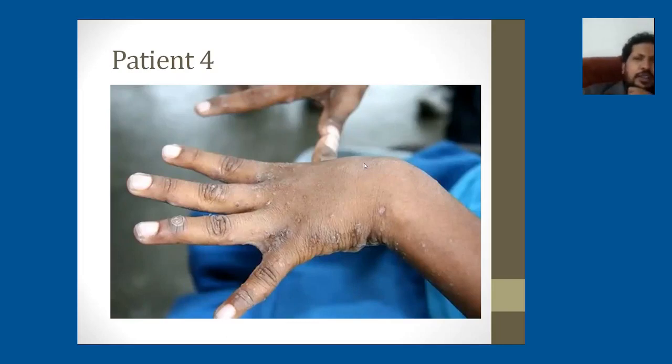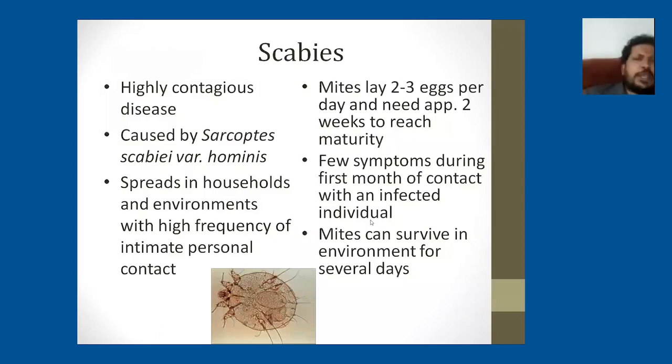Scabies, exactly. So it's a flexural involvement, finger webs are involved, there are itchy papules, and it's worse at night, living in an old overcrowded setting like the estate sector. All those are features of scabies. It's a highly contagious disease caused by a mite called Sarcoptes scabiei, with the human variant, var. hominis.